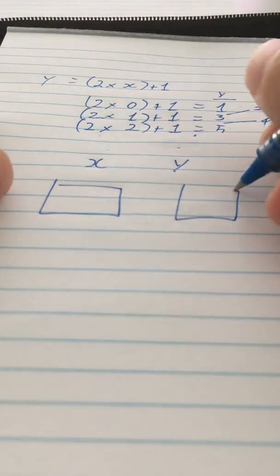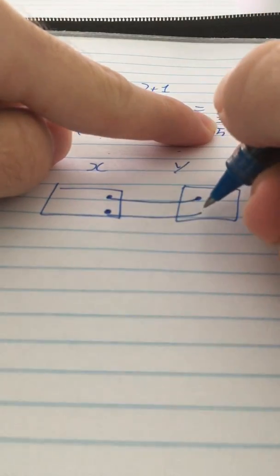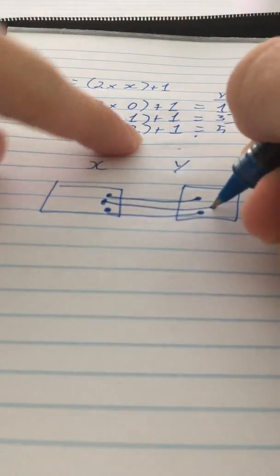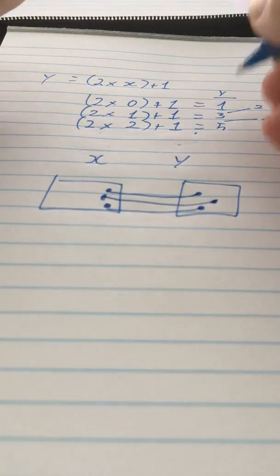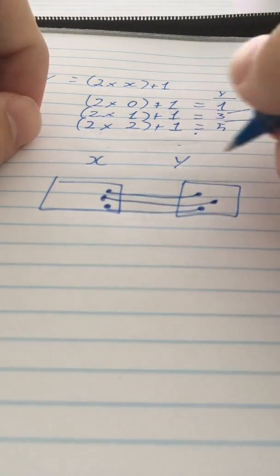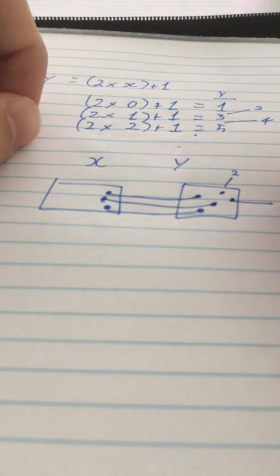So if we map this out, with our x and our y, we can see our x of 0 going to our y of 1, our x of 1 going to a y of 3, and our x of 2 going to a y of 5. My hand's probably in the way, but if we look at the rest of the outputs that we're missing, we've got a 2 and a 4.